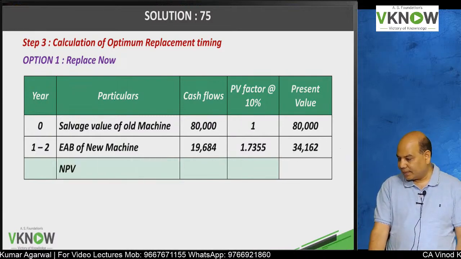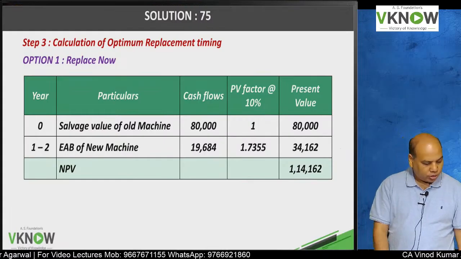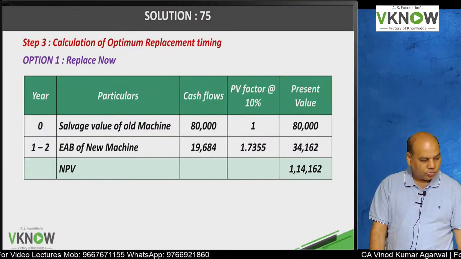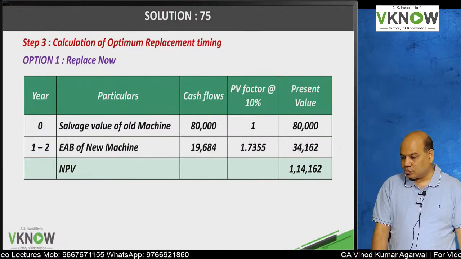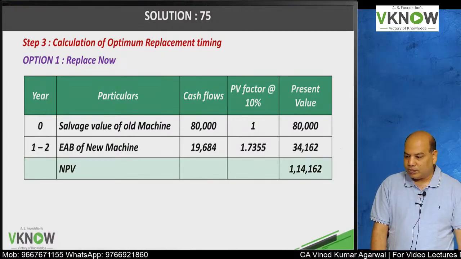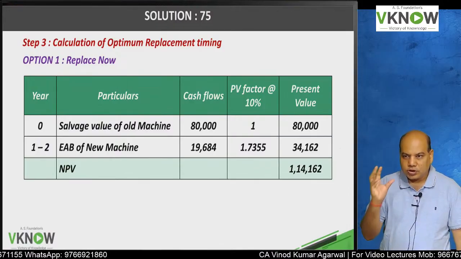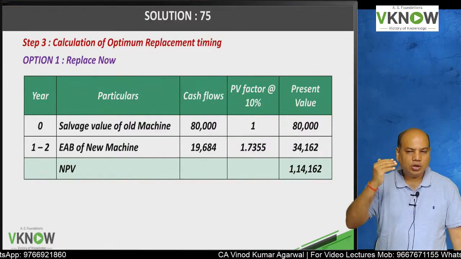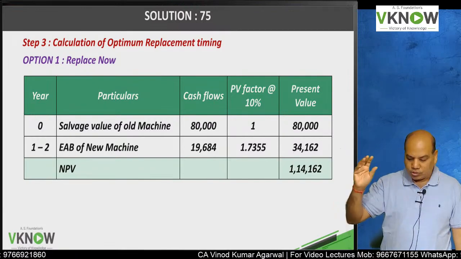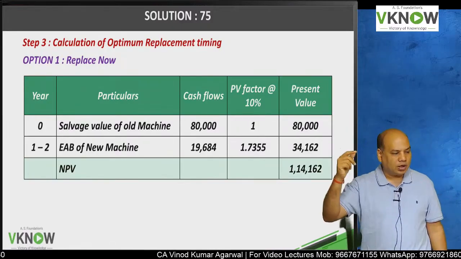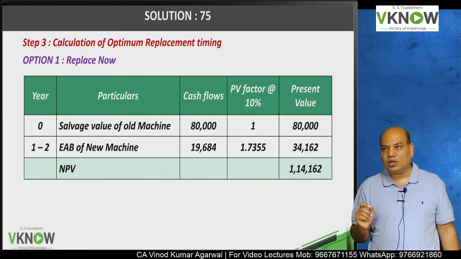So my NPV will be the total of the two, not the difference. NPV will be 114162. If you replace now, the PV of cash inflow for the first 2 years will be 114162. Beyond 2 years, in all future years, you will get 19684 every year, so the difference will arise only in the first 2 years.